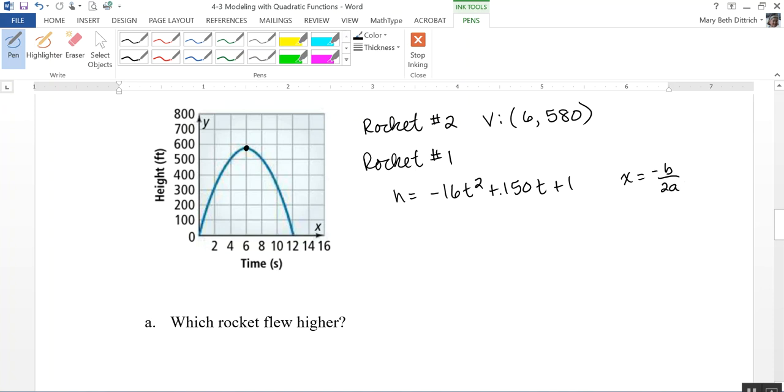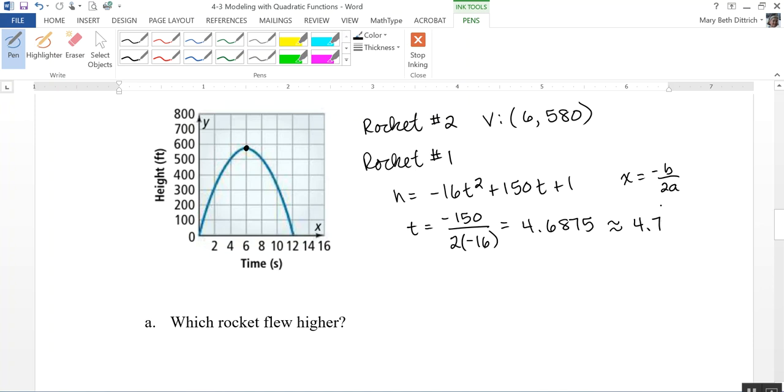In this case, I'm using t instead of x, so I'm going to go with t equals negative 150, which is b, over 2 times a, which is negative 16. And if I calculate that out, I get 4.6875. I'm going to round that to the nearest tenth, and I'm going to go with 4.7.